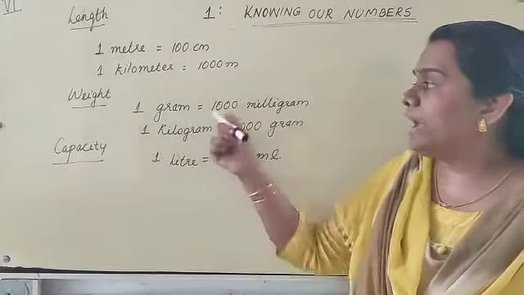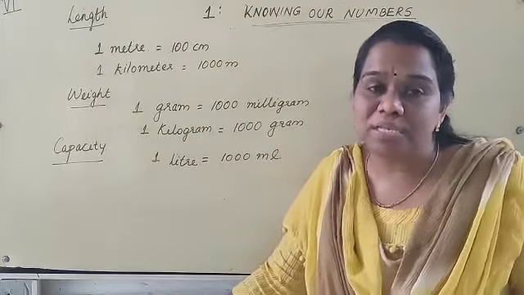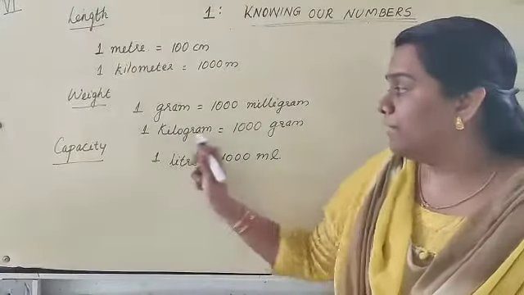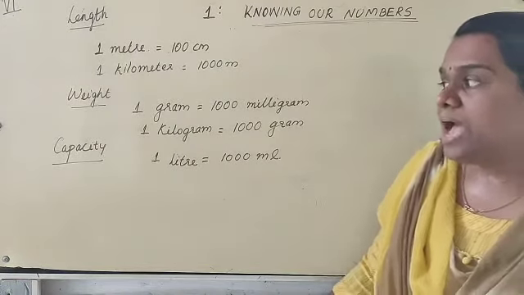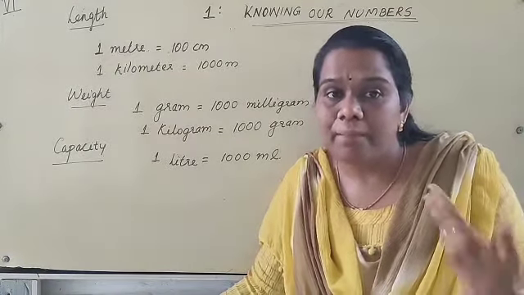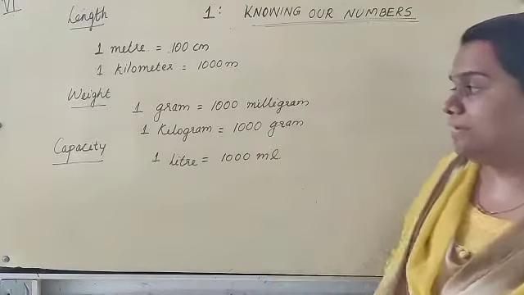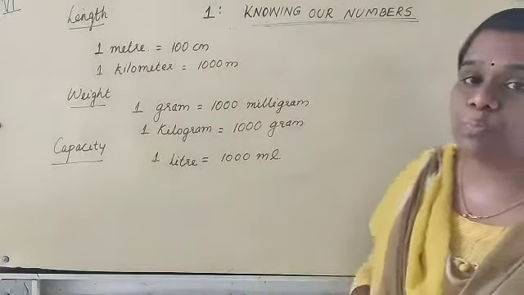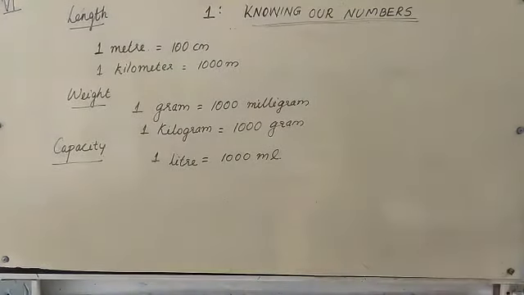And when we buy groceries like rice, we buy in kilograms. 1 kilogram is 1000 grams. And in case of capacity, that means a liquid like milk, oil, etc., we buy in liters and milliliters. 1 liter is 1000 milliliters. You should study these basic units in order to solve problems.